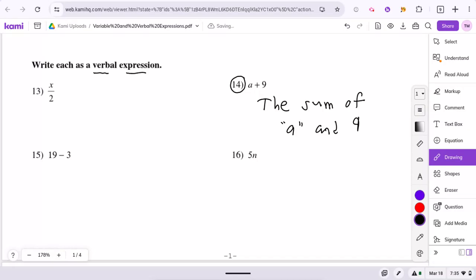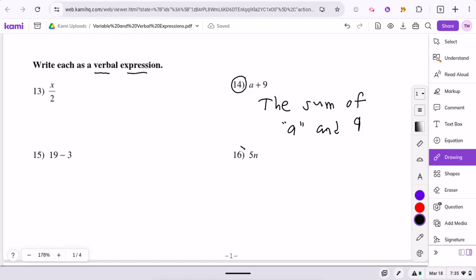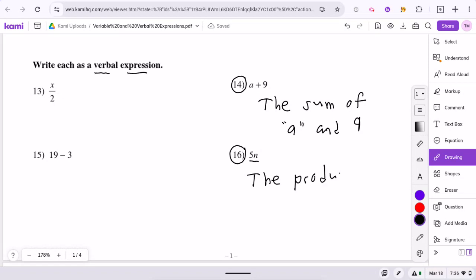You can also do 9 more than A or A plus 9. Next one, number 16, there's 5n, so you can write the product of 5 and n. Or you could just write 5 times n.